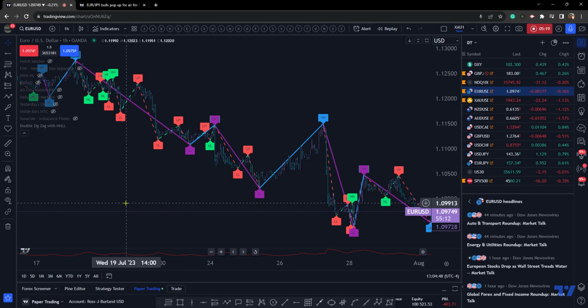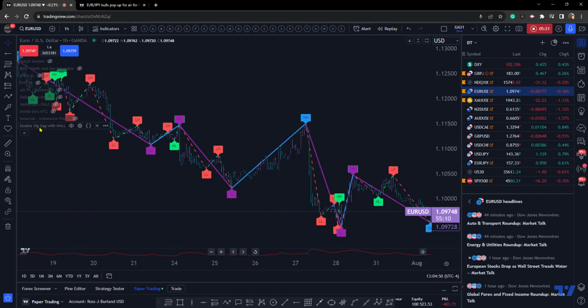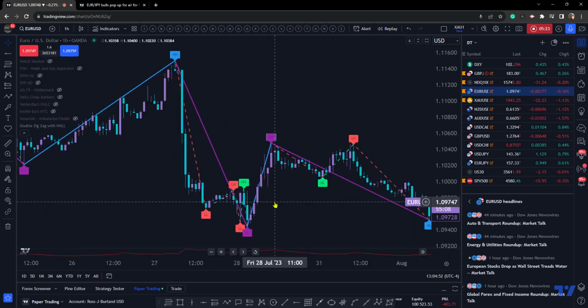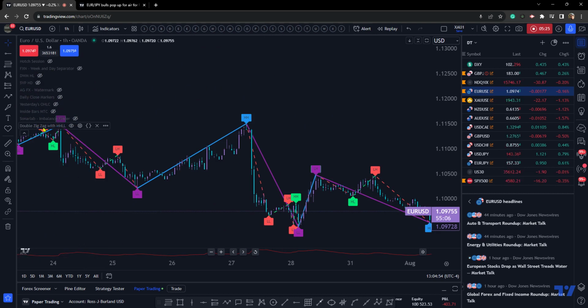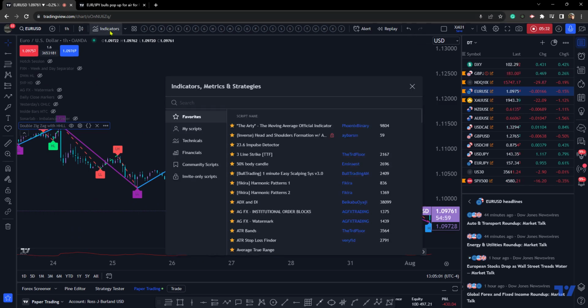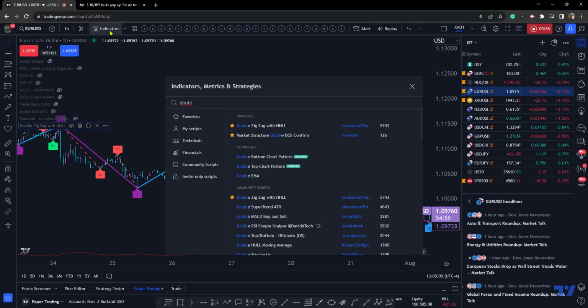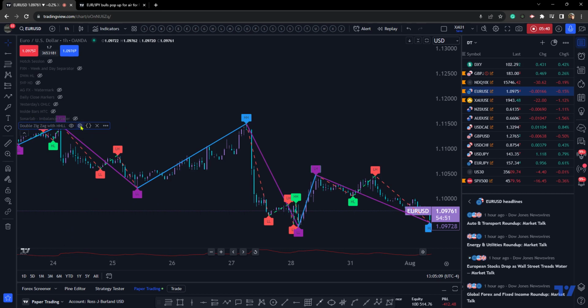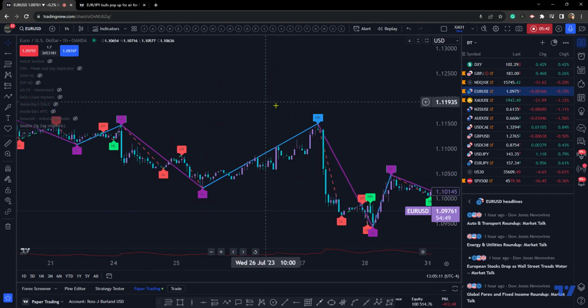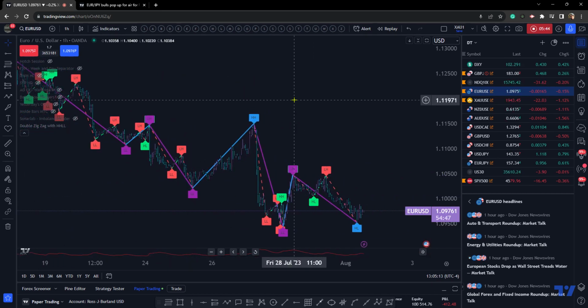We'll just start with a simple directional bias indicator. Now, within this indicator, you can find that on double zigzags. If you go to indicators, double zigzag by lonesome. Okay.